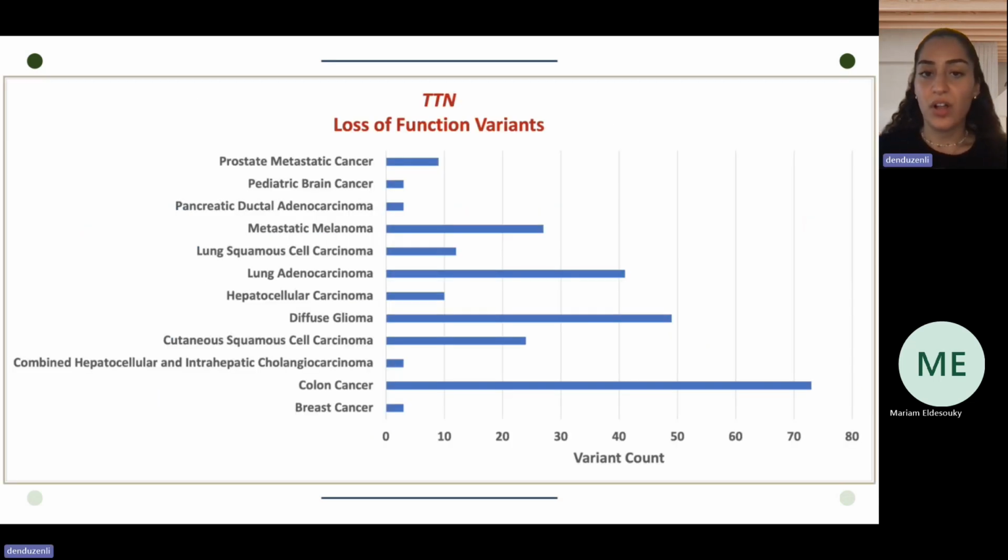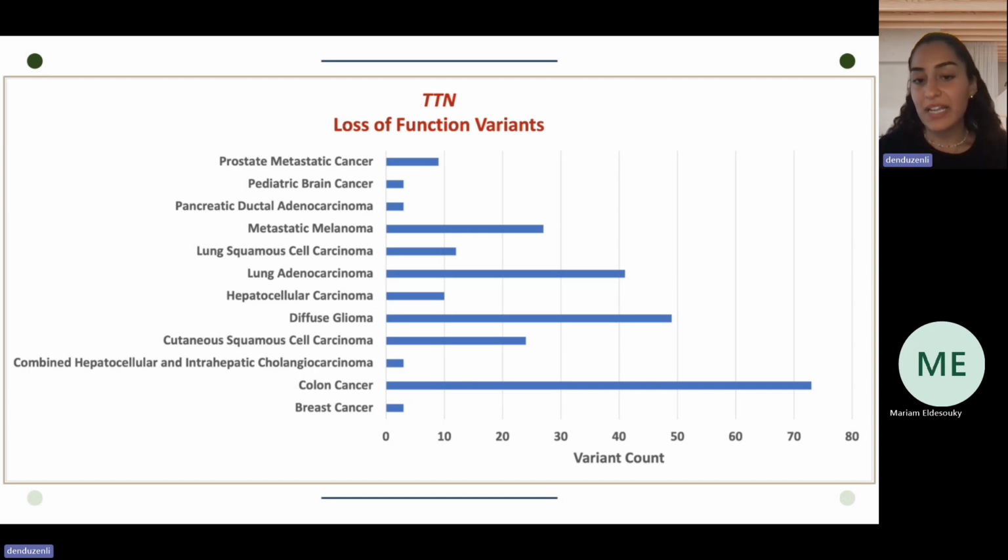This is just a similar plot to the TP53 one that I just showed. This is, once again, the loss of function variants. We have the variant counts on the x-axis, and although there is not the drastic over 400 variants as there was in TP53, we can still see that there are quite a few different cancer types with a lot of variants.